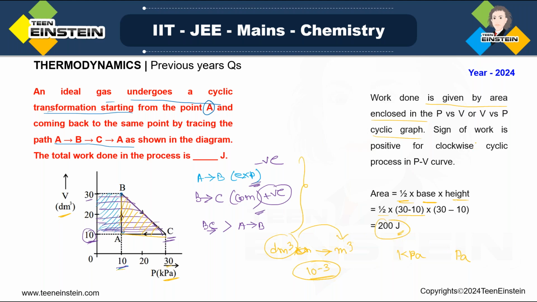But another way you can remember as a shorthand formula is that the sign of work is positive for a clockwise cyclic process in a PV curve. You can also try it yourself by drawing the same curve in the anti-clockwise direction. Then you will see it will be negative. But the actual explanation, that also we have seen here. So the answer is 200.